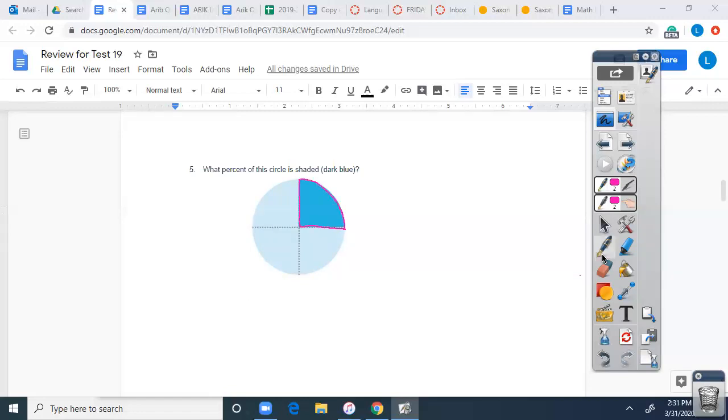What percent of it is shaded? Well, we know the fraction is 1/4. So what did we talk about the other day? 1/4 equals 25%. Okay. Let's move on to number 6. The answer to number 5 is 25%.